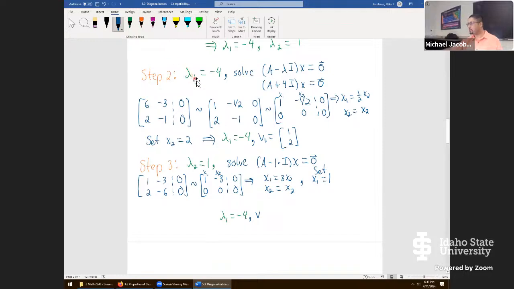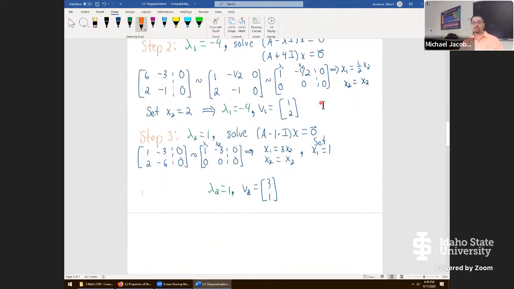I think I grabbed from up here. I should have grabbed from right here. Lambda2 equals +1. Let's just start that whole line over. So for the eigenpair where lambda2 equals 1, we found the associated eigenvector is v2 equals 3, 1.